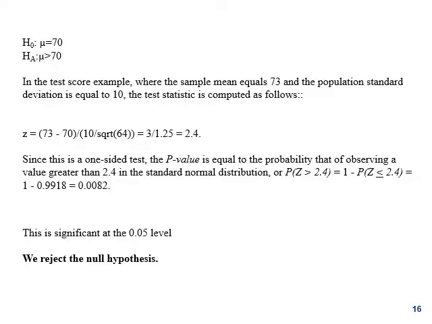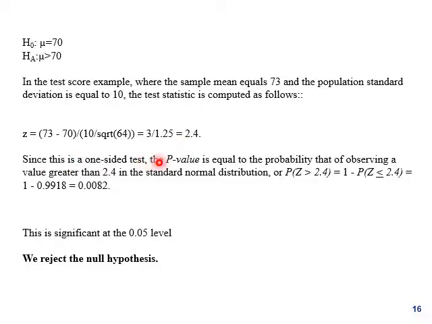So the null hypothesis is mu is equal to 70, and the alternate hypothesis is mu is greater than 70. So it is one-sided. In the test score example, where the sample mean equals 73 and the population standard deviation is equal to 10, the test statistic is as follows. So z is equal to 2.4.